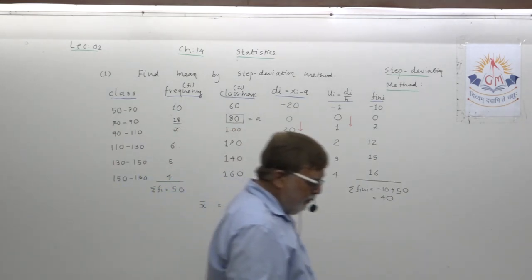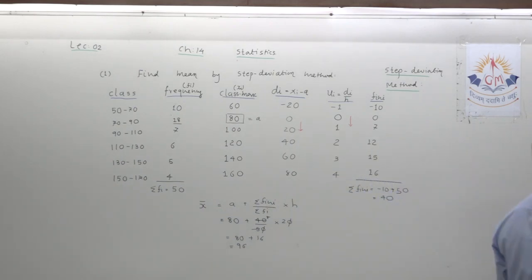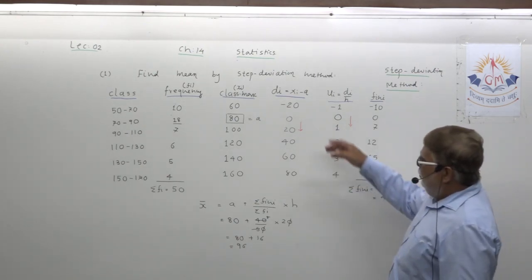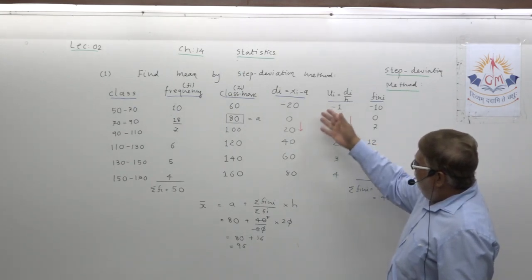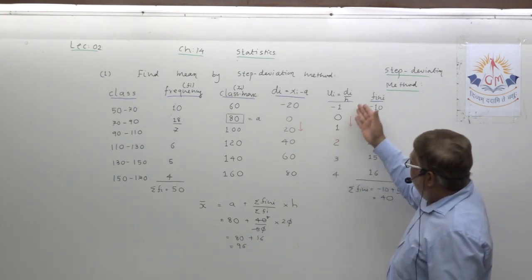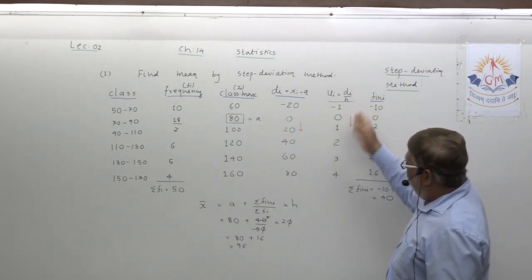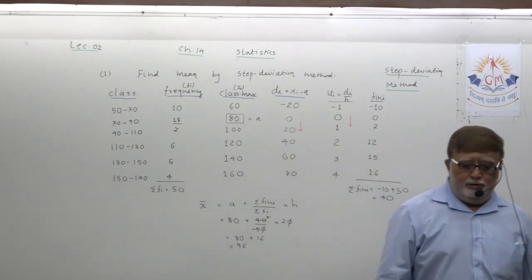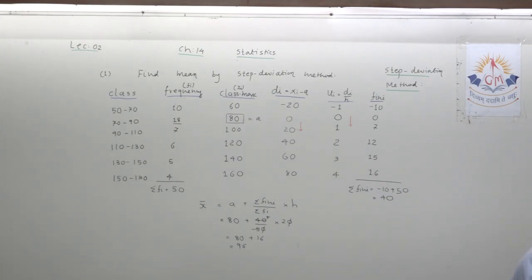First, have a quick look at the example: how it is done, how the columns are made, how to assess and conclude whether your column of di and column of ui always show this regular increase of 1 in order. Verify this.